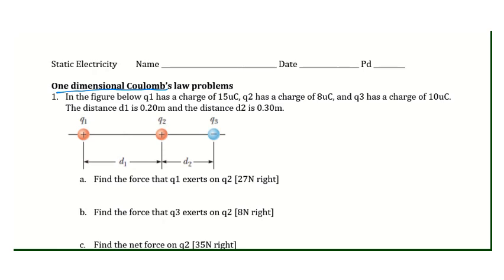So in this problem, charge 1 has a charge of 15 microcoulomb. The prefix mu is going to mean times 10 to the negative 6. So in other words, 1 microcoulomb is 1 times 10 to the negative 6 coulomb.